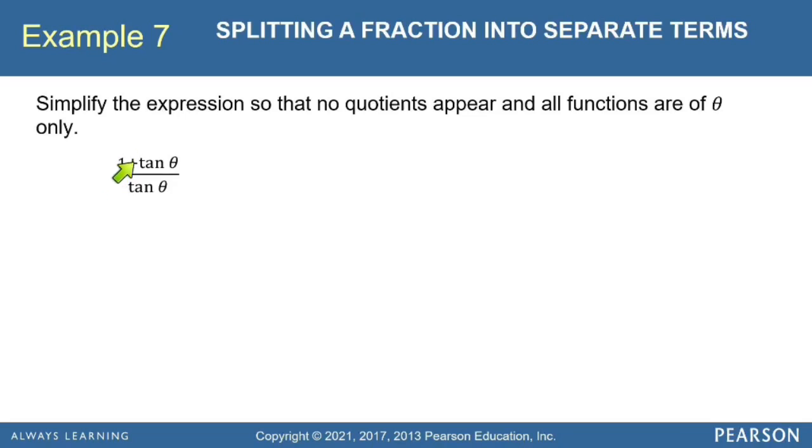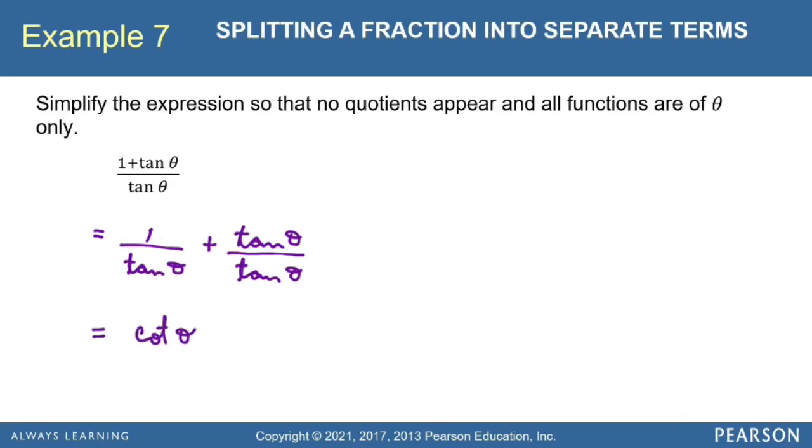But what we can do is say, oh, I've got a plus sign here. And because I have a plus sign, I can split this into two separate fractions. The first fraction will be 1 over tangent theta, and then there'll be a plus sign. And the next fraction will be tangent theta over tangent theta. And then we should simplify each one separately. Of course 1 over tangent theta can be restated as cotangent theta. And then we have our plus sign.